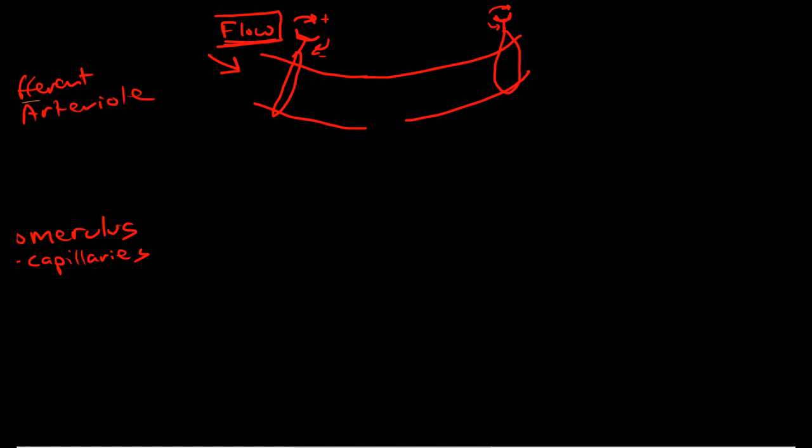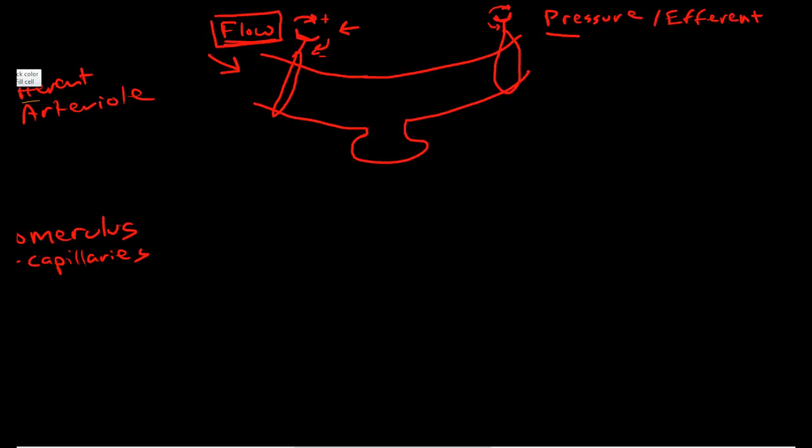But since we've got a third pipe here that we're going to talk about in a minute, if you turn this valve, you're essentially affecting flow through the glomerulus. I'm just going to make the glomerulus one little blob there. If you change the valve in the efferent arteriole, you're essentially going to change pressure in the glomerulus.